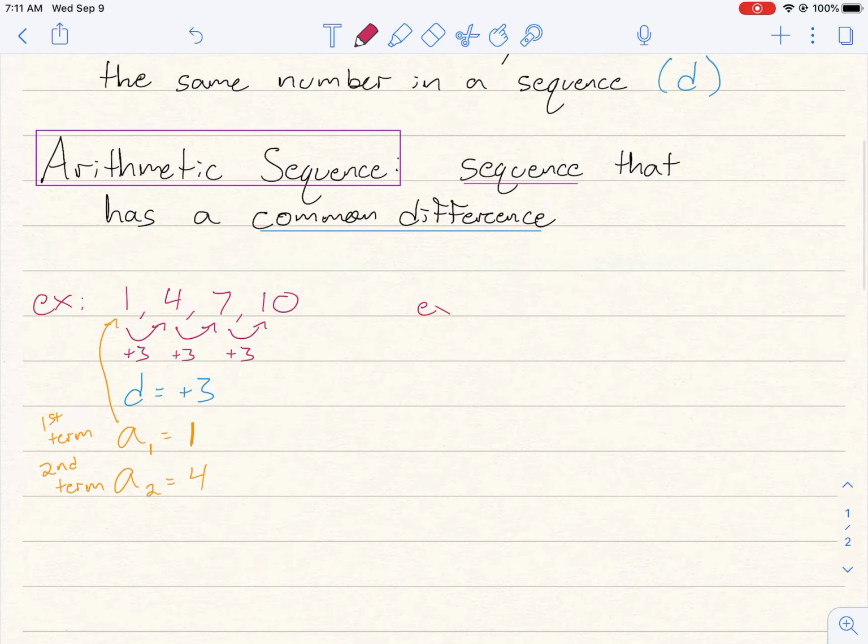Here's another example, and this one I'm going to have some higher numbers here. So 51, 49, 47, 45, and I'm just going to add the 3 dots at the end. Now notice from one term to the next that you're actually subtracting 2.